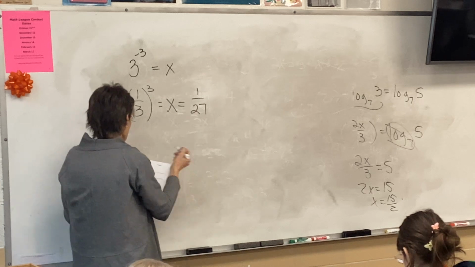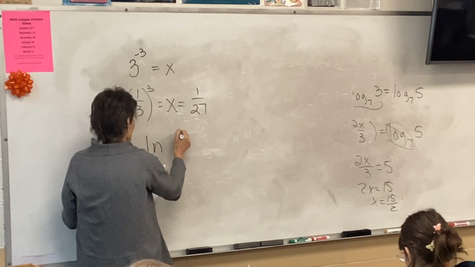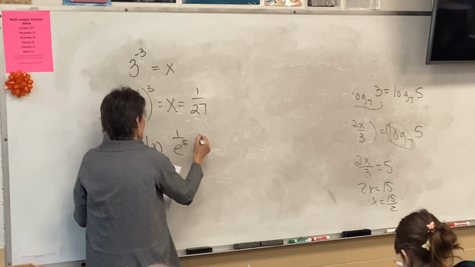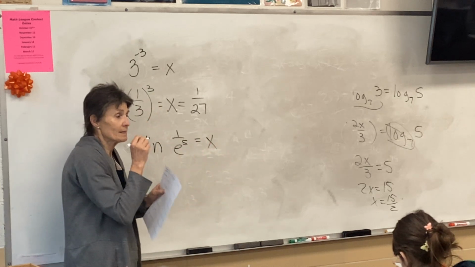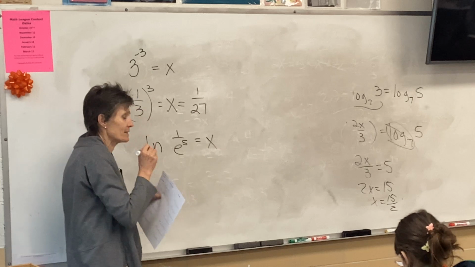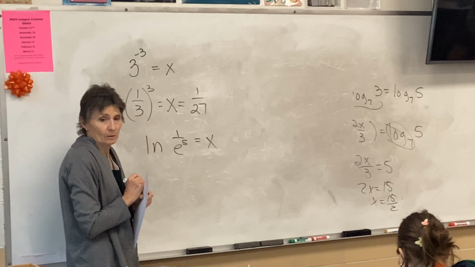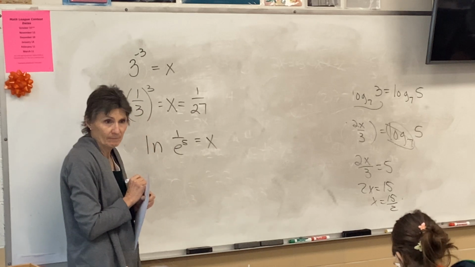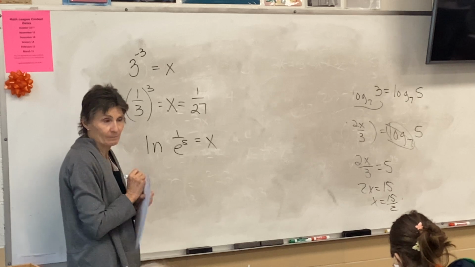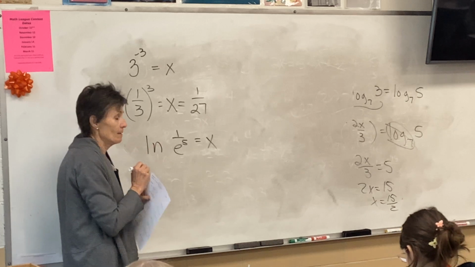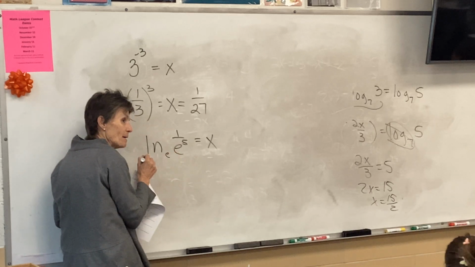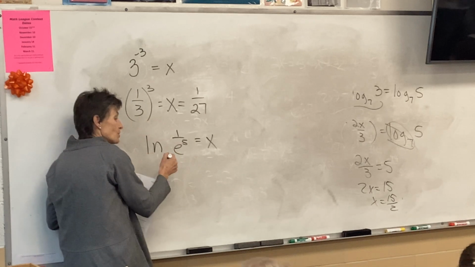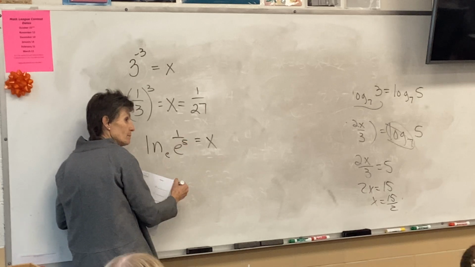Now, B. Please don't be freaked out. What does ln stand for? Log base E. Right? ln E. So I'm not going to rewrite it. I'm just going to sneak an E in. That's my base. So now I'm going to loop it.